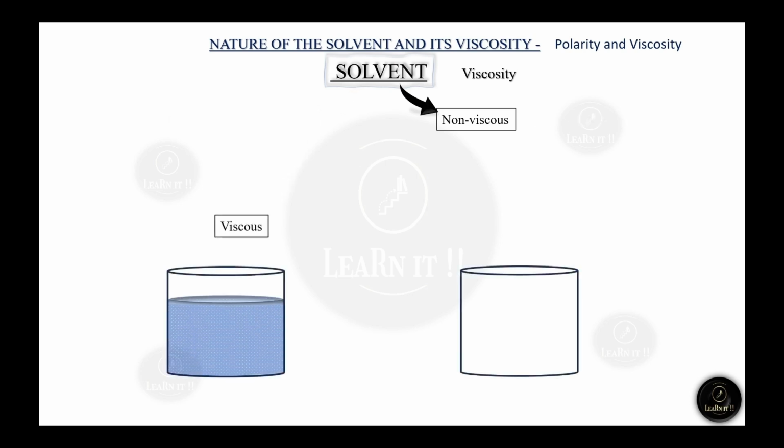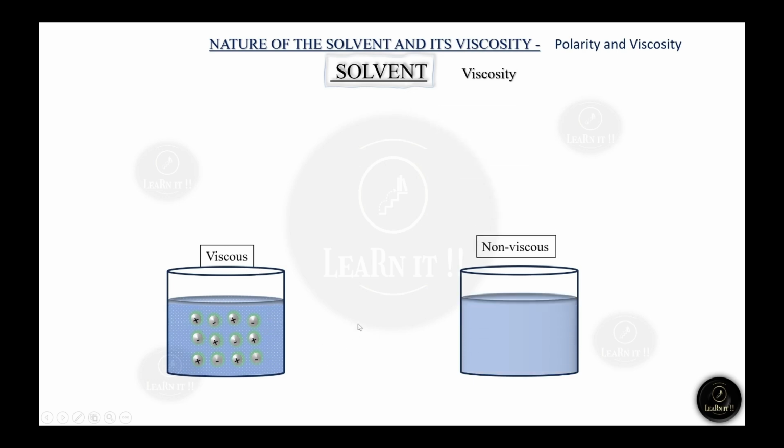So if we take viscous solvent and we put the ionic compound, we know that even though it is a viscous or non-viscous, if the solvent is polar, then ions are produced. We are taking the same compound and we are dissolving in non-viscous solvent.